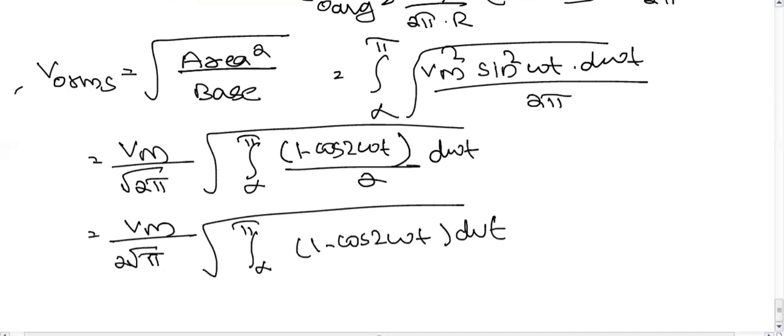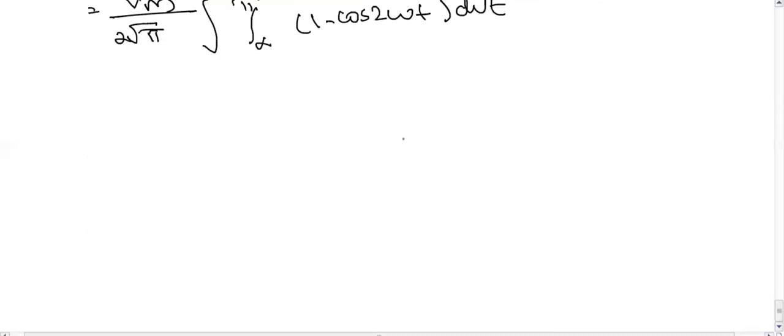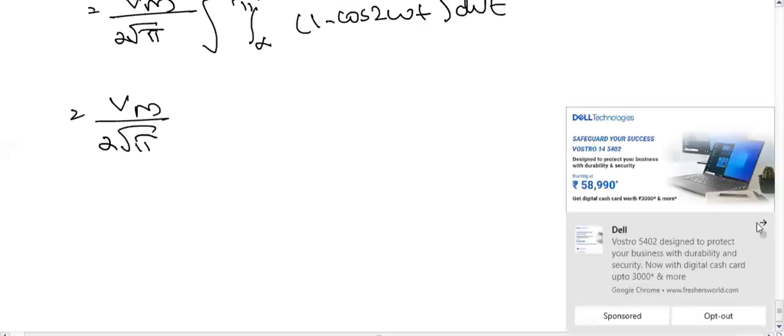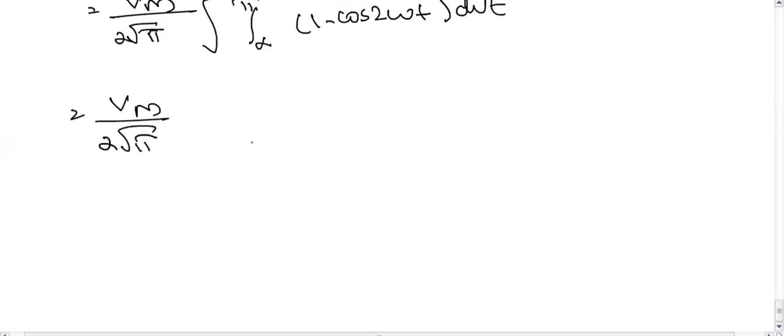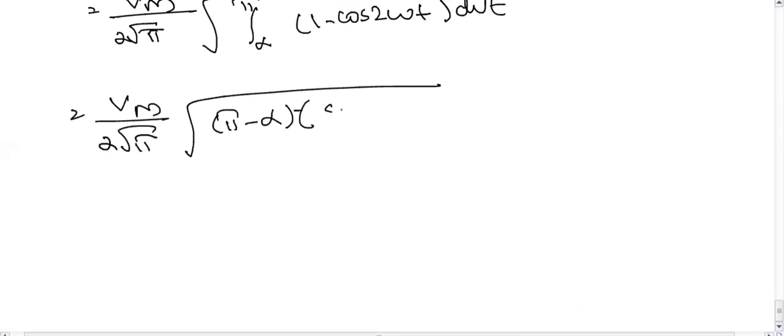As engineering students, you should be very comfortable with integration and such. So Vm by 2 root pi into root of, some steps I am skipping, this will be omega t, so (pi minus alpha) minus (sine 2 pi by 2 minus sine 2 alpha by 2).